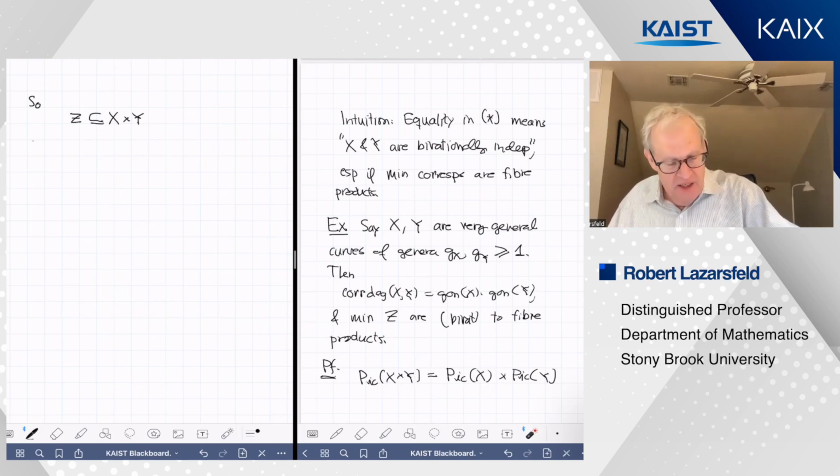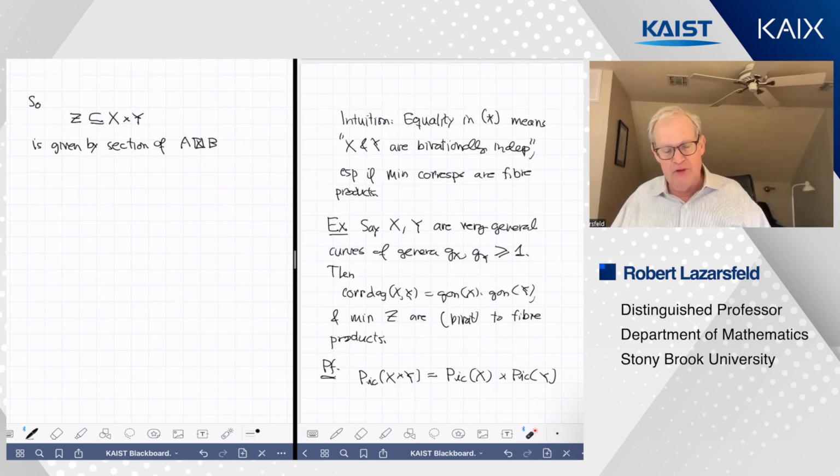So z is the divisor of zeros of a section of A exterior product B, the pullback of a line bundle A from x and a line bundle B from y. And then you see right away that A and B have to move in at least a pencil. They can't have just one section.